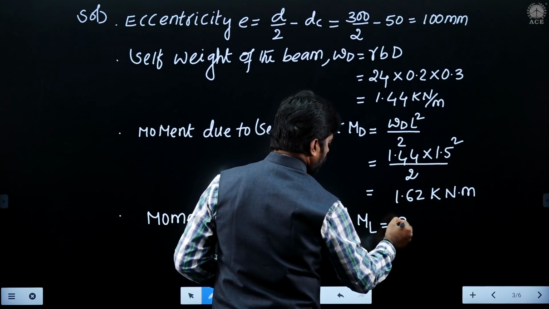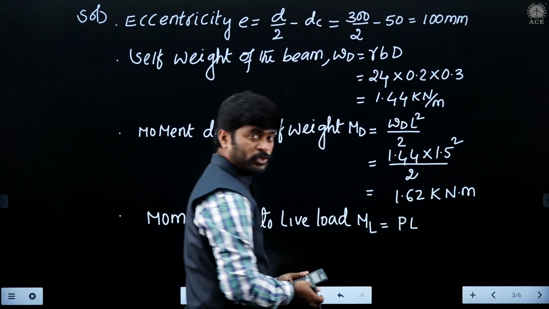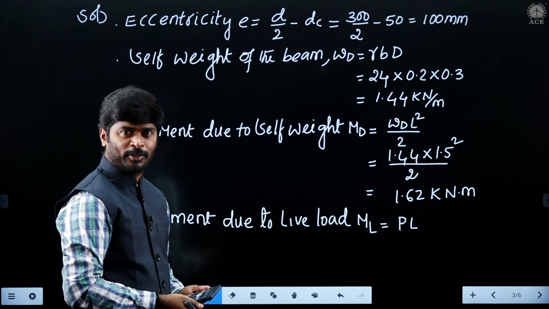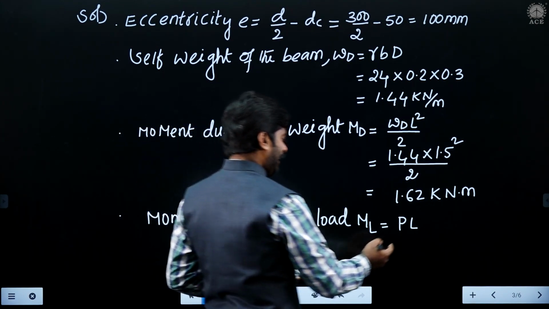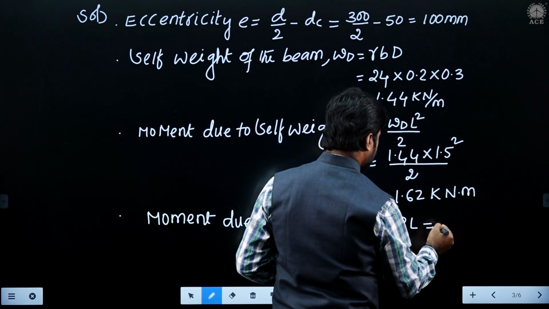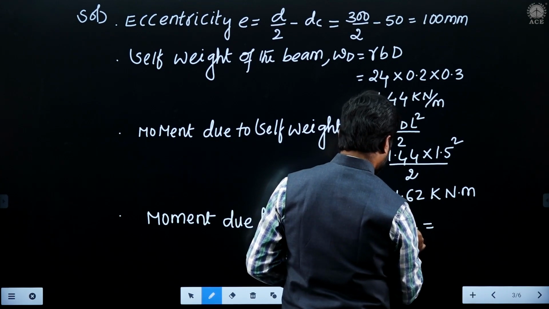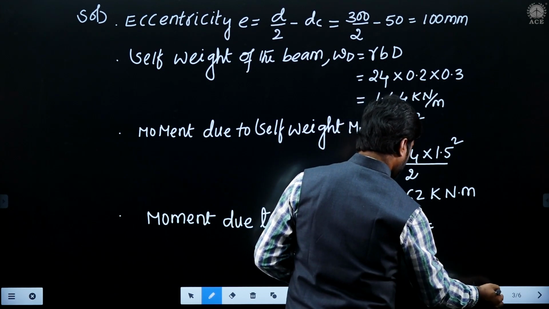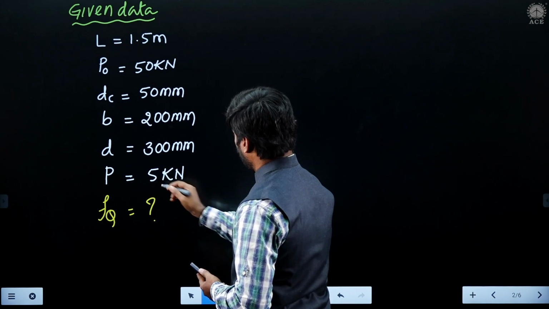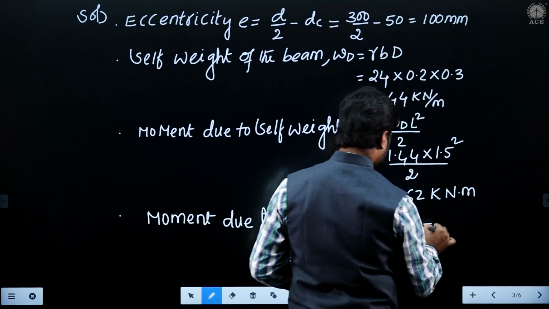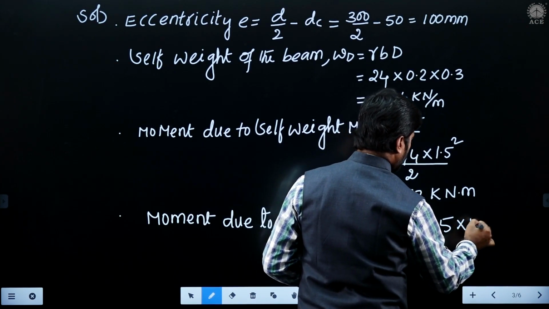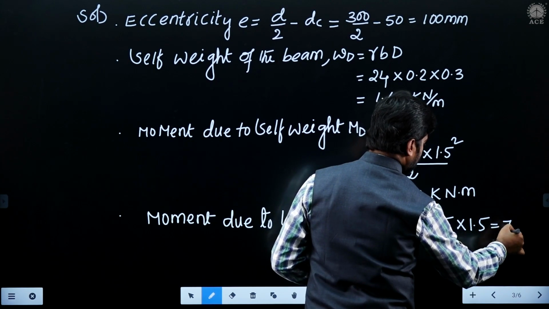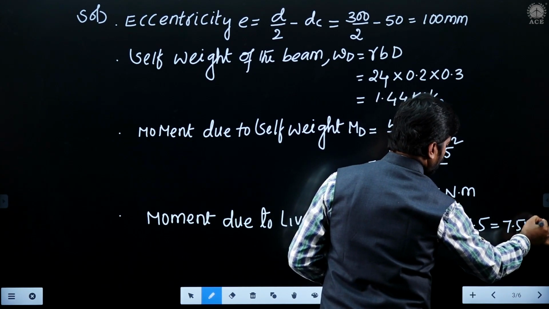It is P into L simply, that is all, right? Moment P into L only. Where P is given that it is, wait a minute, 5 kilonewton, I am sorry, it is 5 into 1.5, how much is it? 7.5 kilonewton meter.